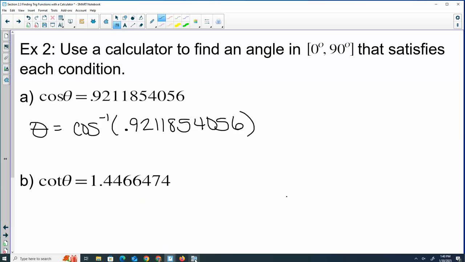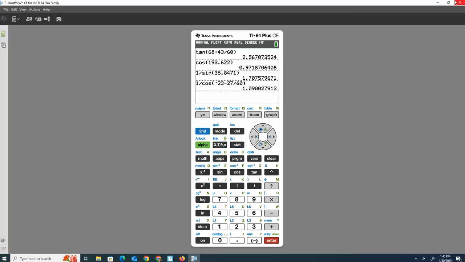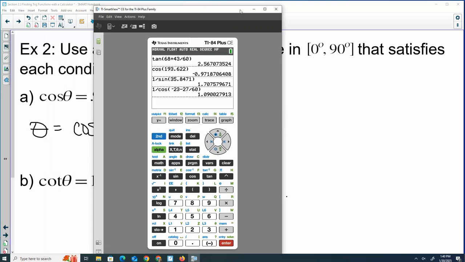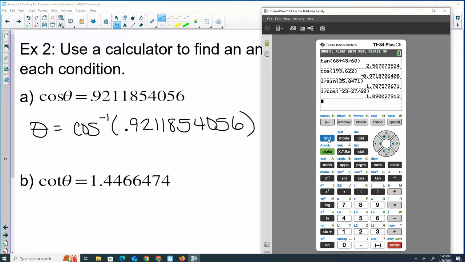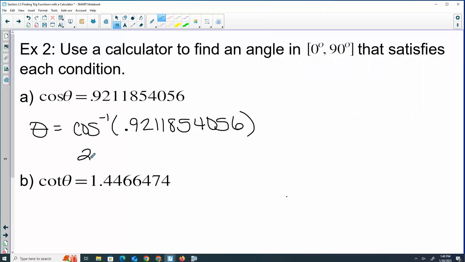And so if I want this one, I'm going to type it in as cosine inverse. So I'll have to do second cosine because I want the angle. 22.9.